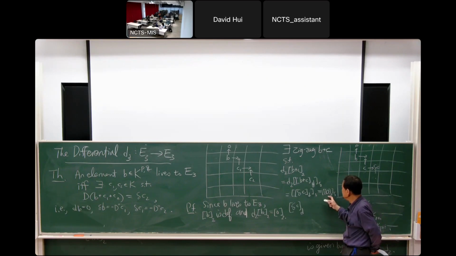it has to be a delta boundary, right? So this has to be delta of some C prime D, for some C prime.